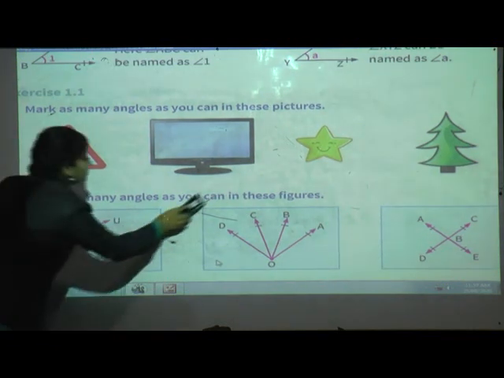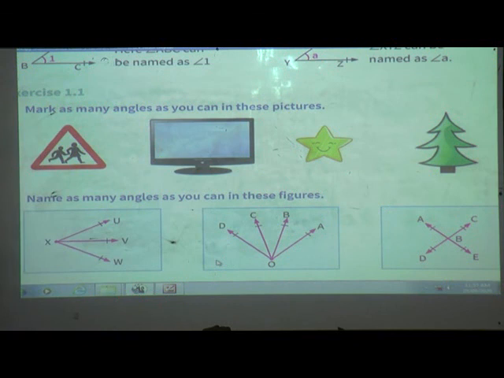Now, first one, see, here are so many rays. Yes, students, ray XU, ray XV, ray XW. We have to find angles here.